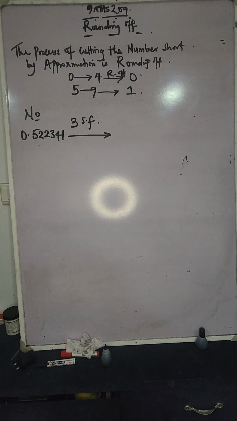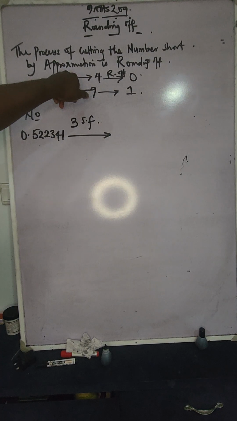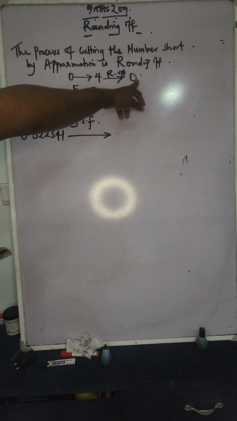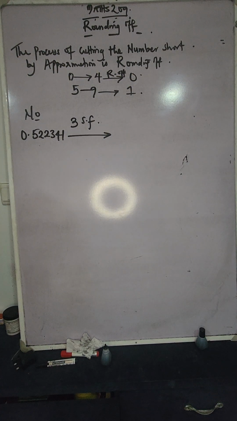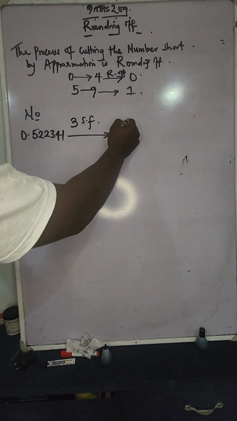To round it to 3 significant figures, we count 1, 2, 3. But we discover that the next digit is within the range of 0 to 4, so it is rounded to 0. So in 3 significant figures, what you now have is 0.522.